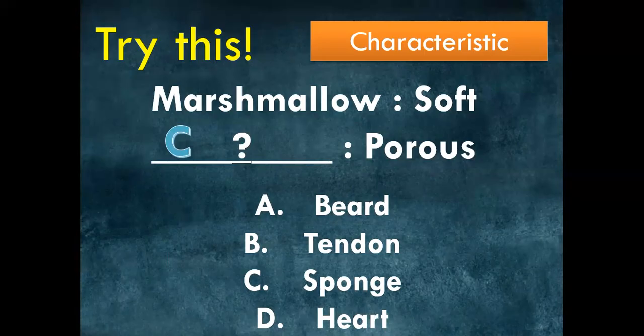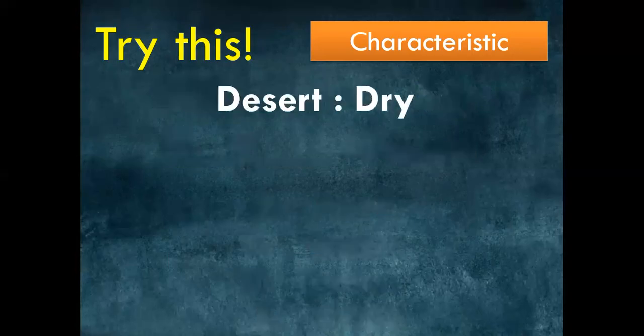When we say porous, class, it's like having minute or small spaces or holes through which liquid or air may pass. So the correct answer would be letter C, right? It can absorb water since it has small holes, and that would be the characteristic of porous.